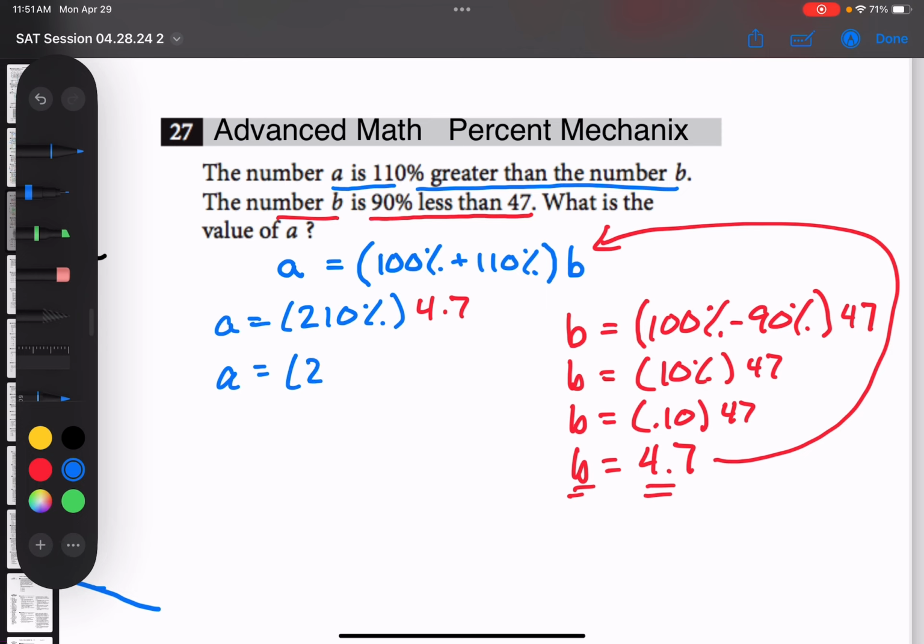So we get rid of the percent, that'll be 2.1, which is the same as 210% times 4.7. Then you take your trusty calculator, you take 2.1 and multiply it by 4.7. And what answer does it give you? Yep, A equals 9.87, which is the answer to this question.